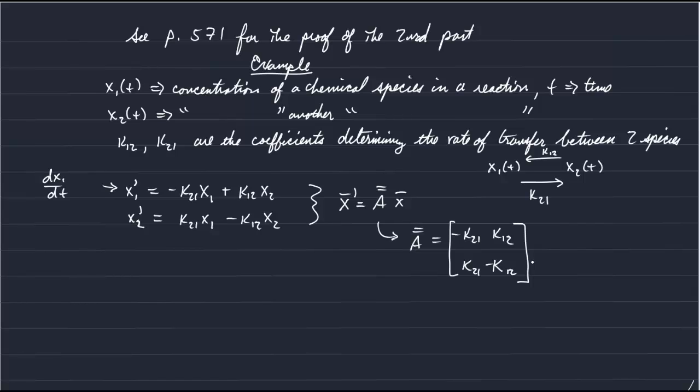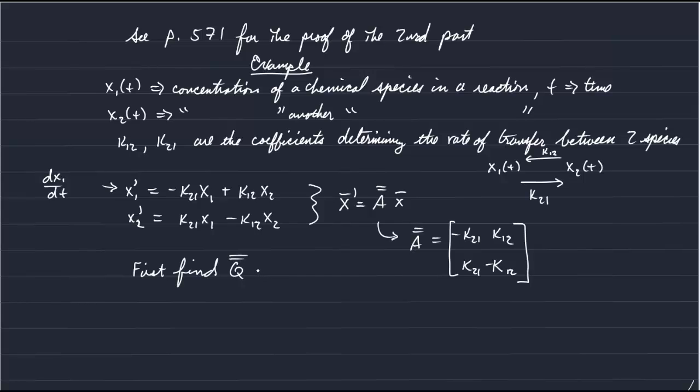And because of these transfer rates, the system of ODEs is coupled. And so in order to solve for x1 and x2 as a function of t, the strategy will be to diagonalize A. So we first have to find the transformation matrix Q.